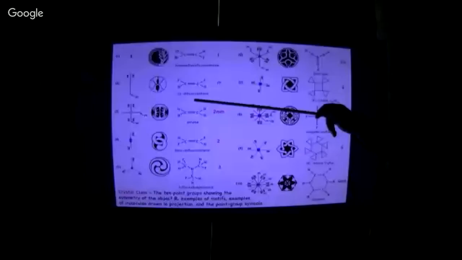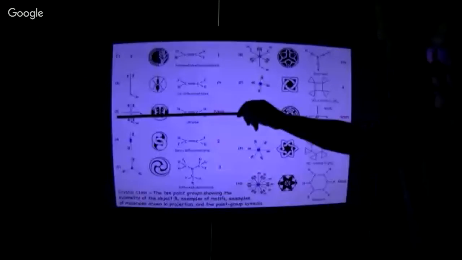Here we have R, this is the mirror, and this motif has mirror, this molecule has mirror, and the sign is M. After applying this mirror, I can apply another mirror in the perpendicular direction.